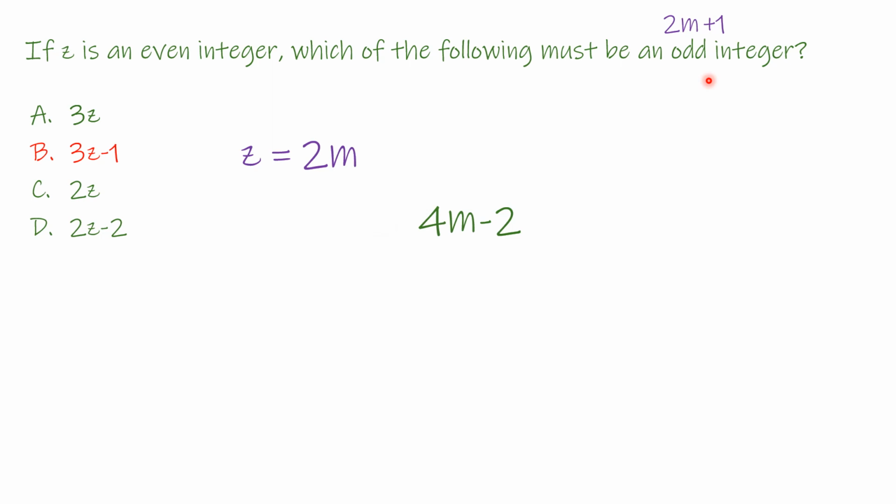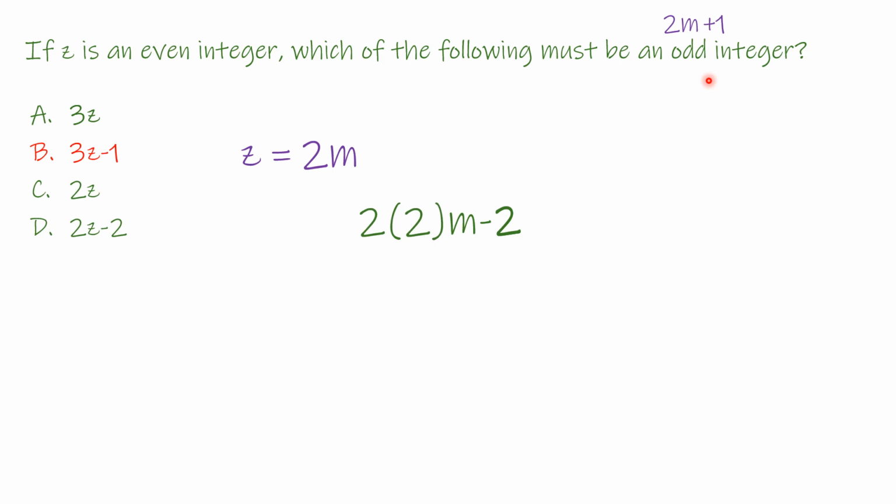So it's 4m minus 2. Is it odd or even? We don't know yet until we change its form into 2 times something or 2 times something plus 1. So we're going to factor this out. Let us factor first the 4 into 2 times 2 so that it's easier for us to factor it out.